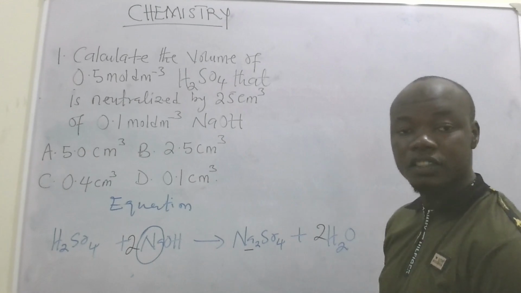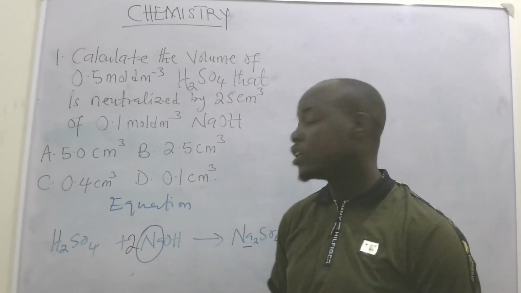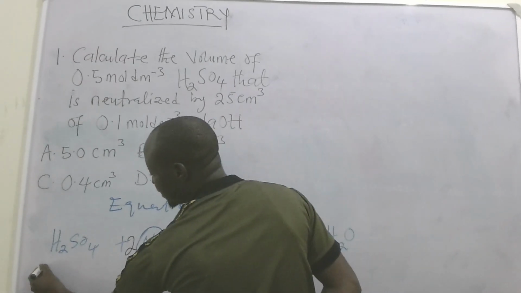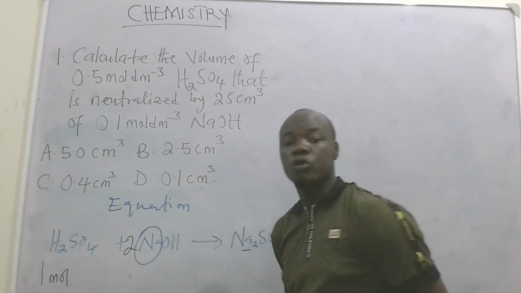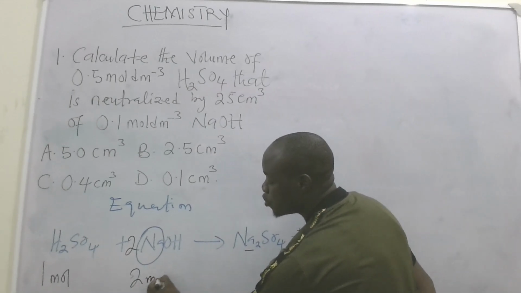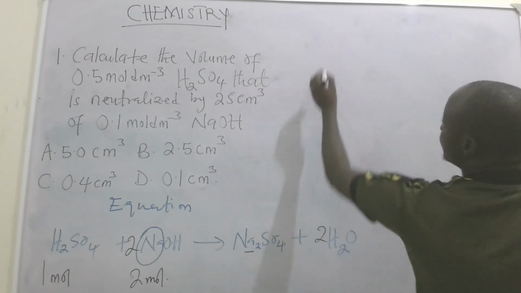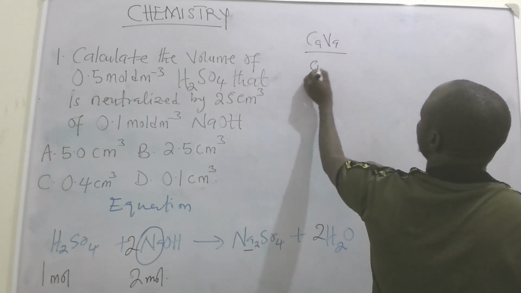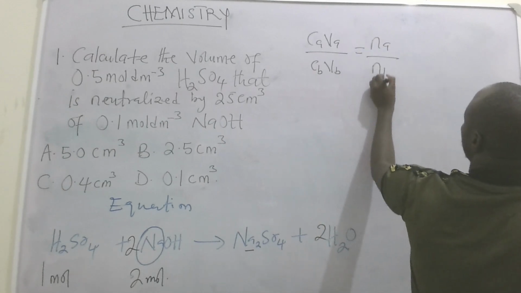It is very, very important to know the number of moles of the acid that is used and the number of moles of the base that is used. The number of moles of acid used is 1 mole, and the number of moles of sodium hydroxide used is 2 moles. So we are going to apply a formula: CaVa over CbVb is equal to Na over Nb.